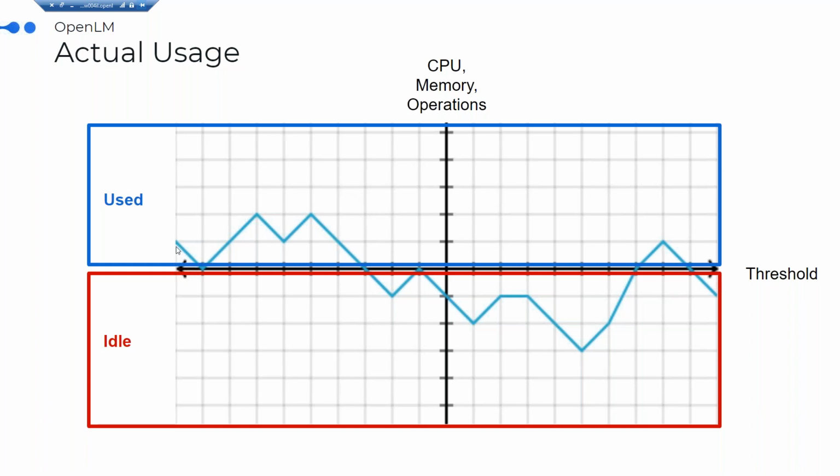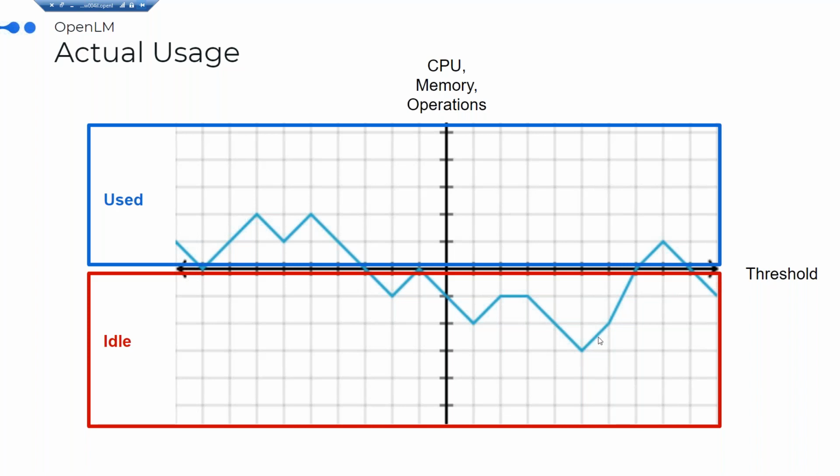If the application usage goes above it, meaning a lot of CPU and memory are currently used by the application, meaning it's currently used by the user, if it's clicking, if it's doing stuff, or maybe just by a simulation or processing running at midnight, the OpenLM agent will know, hey, currently the application is working. But once it drops below that threshold, then the OpenLM agent knows, hey, this application is now currently not being used. It's not drawing much power, more than its idle state.